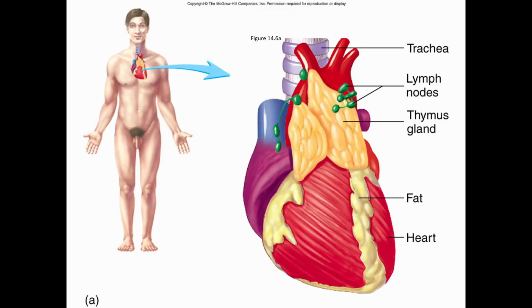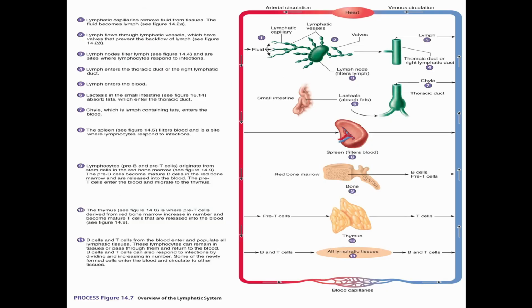Okay, so this is what it looks like anatomically. And this figure describes the flow of blood and lymph towards the different parts of our lymphatic system.